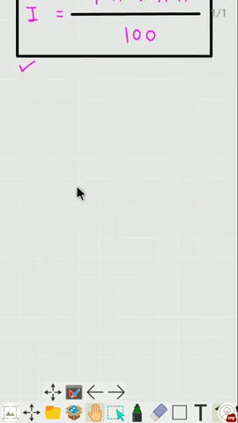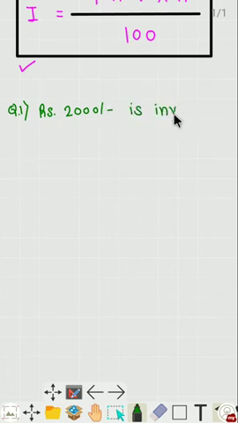Let us write the first question. Question number 1 is: rupees 2000 is invested at 6% simple interest per year.